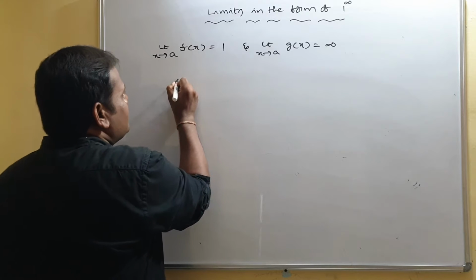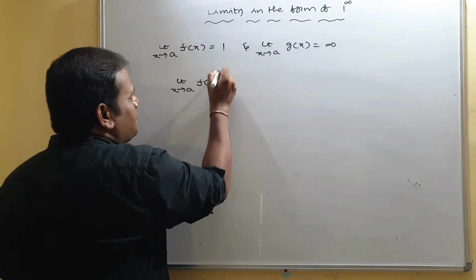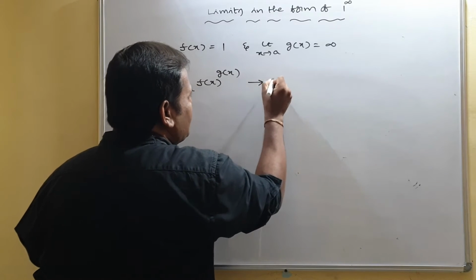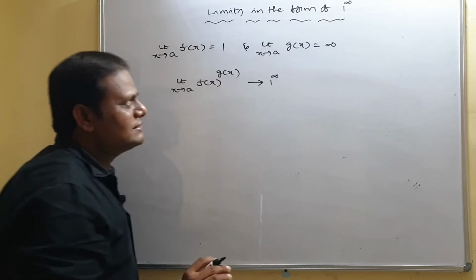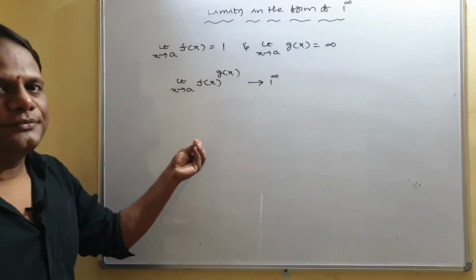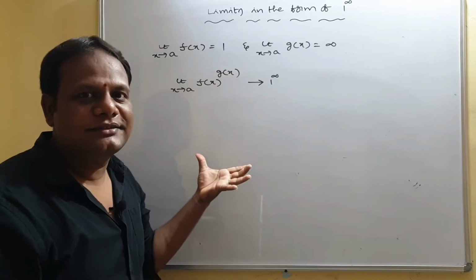Then limit x tends to a f of x power g of x takes the form 1 power infinity, that is an indeterminate form. Here is how to evaluate the limit for this.